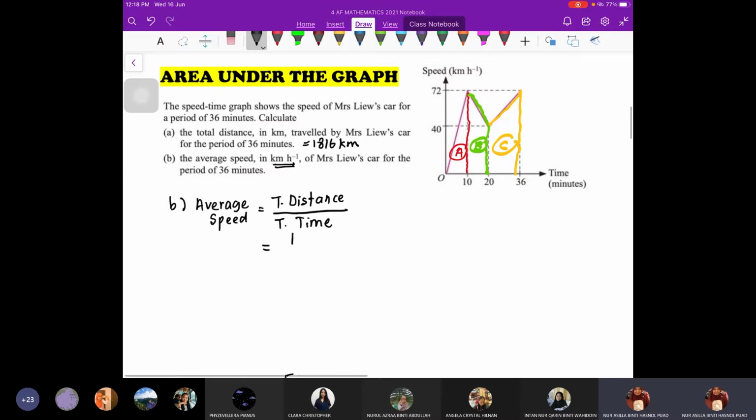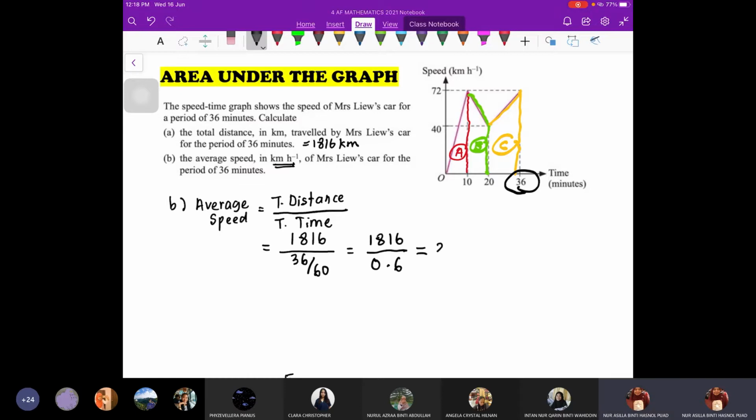Okay, so total distance 1816. Total time 36 minutes. Kena tukar kepada hours. So 36 divide by 60. Okay, 36 divide by 60, kamu akan dapat 0.6. Okay, so selesaikan.